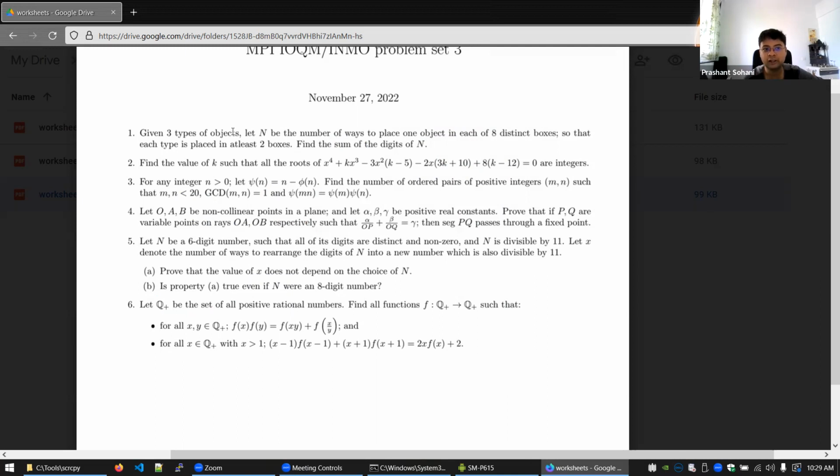This is an even harder question than the previous one, because here not only are we saying that every type has to be counted once, we are saying it has to be counted at least twice. So this is an even harder problem to solve.